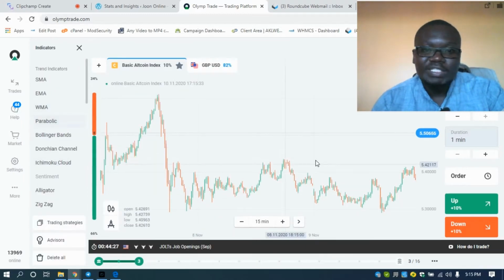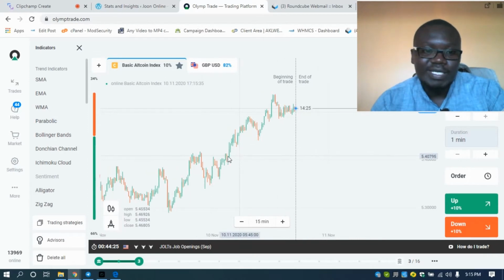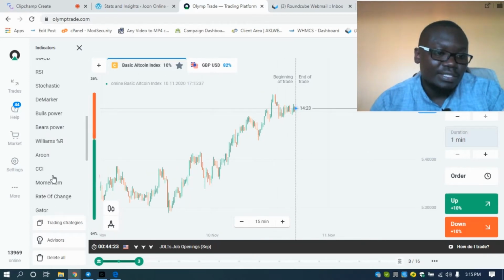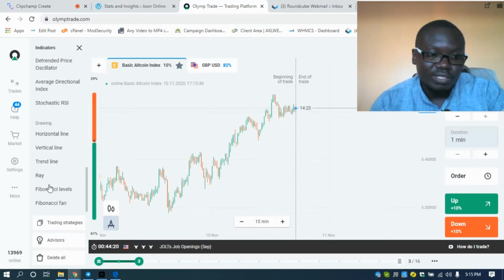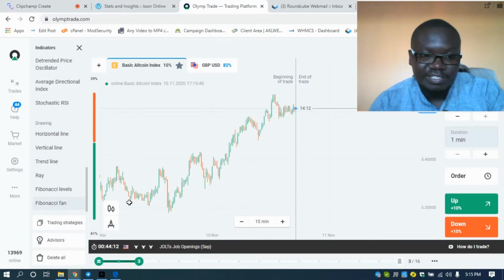You can also use the Fibonacci fan to tell which direction the market is headed. For that, you'll just need to click on the technical analysis tool, this one, the A-like tool here, then pick Fibonacci fan.